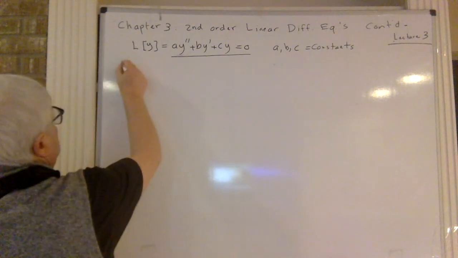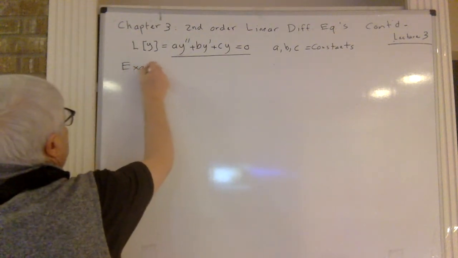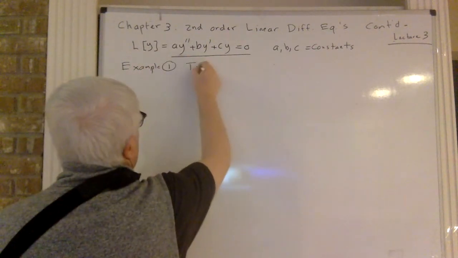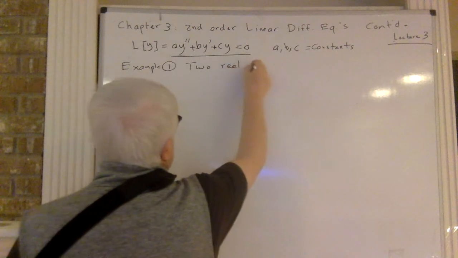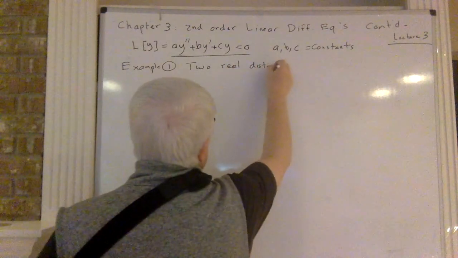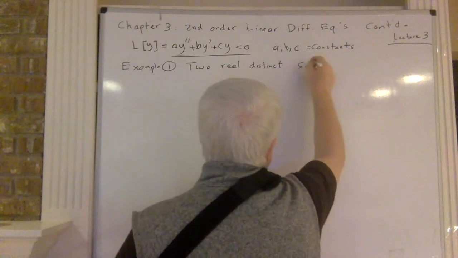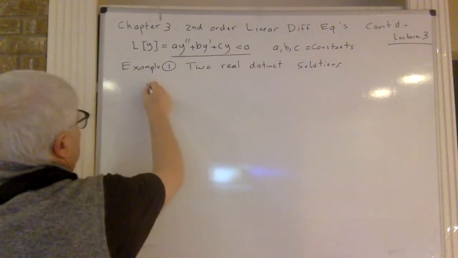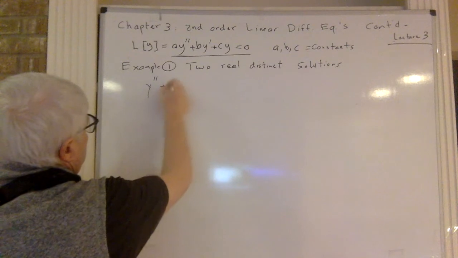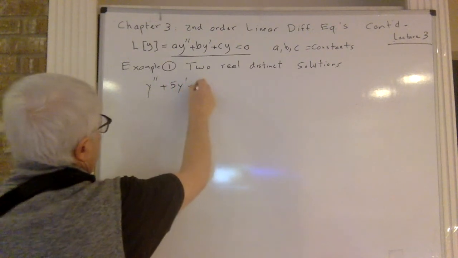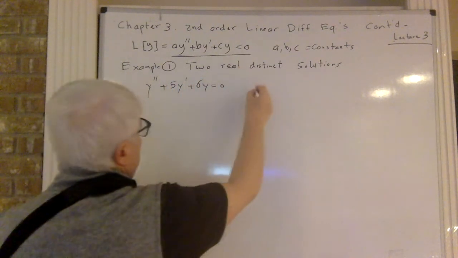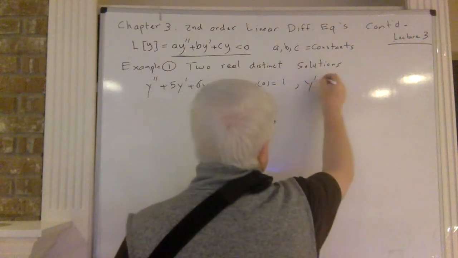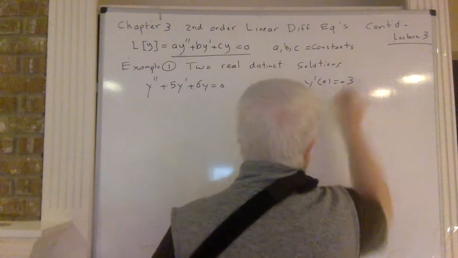Examples. Example 1 is two real distinct solutions. So it's y double prime plus 5 y prime plus 6y equal to 0. Let's assume that y at 0 is 1 and y prime at 0 is -3.